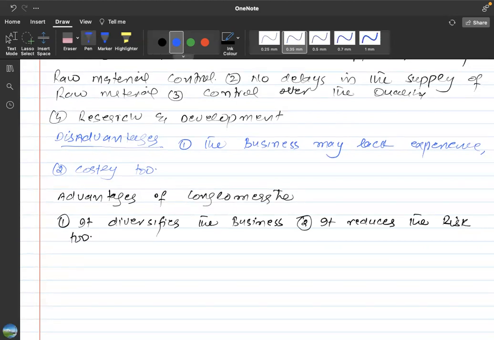And then disadvantages of conglomerate. Again, the lack of management experience. The risk is highest, the lack of experience risk in the conglomerate integration.